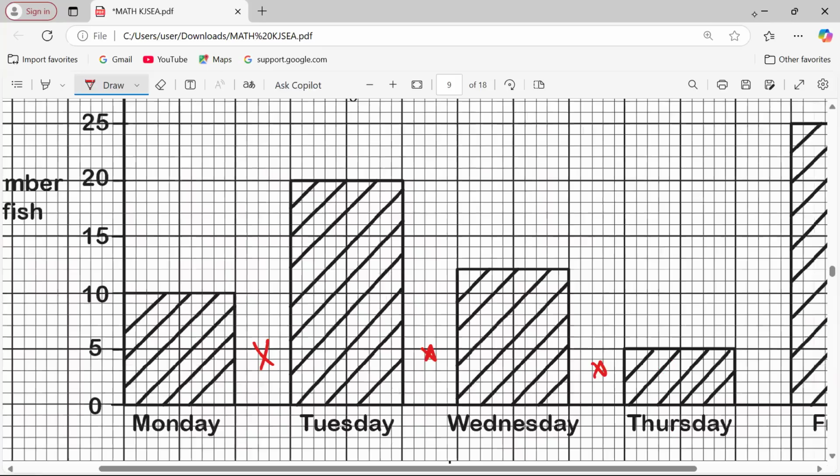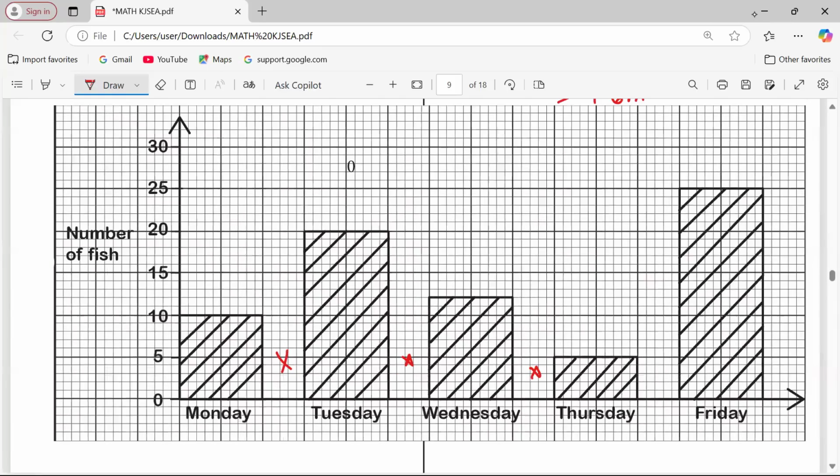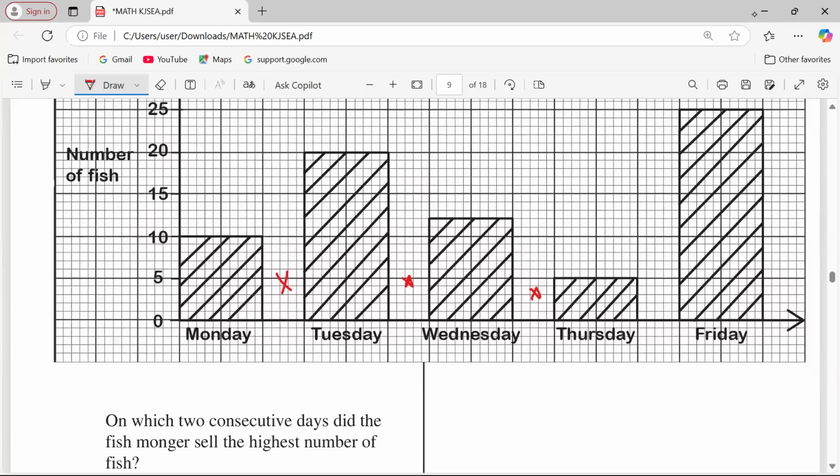And something else you're supposed to learn about bar graphs is that the bars also have the same width. Therefore, if the bar for Monday is represented by 2 squares, the bar for Tuesday should also be 2 squares.